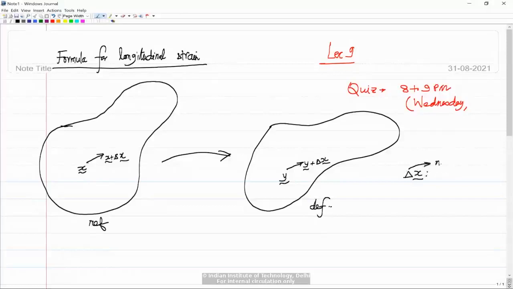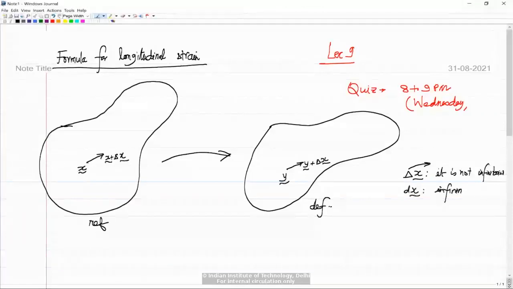Delta need not be infinitesimal. It is not infinitesimal, whereas dx is infinitesimal.